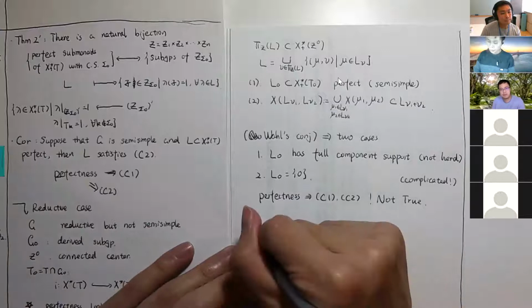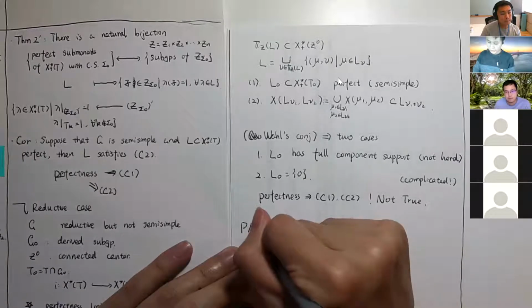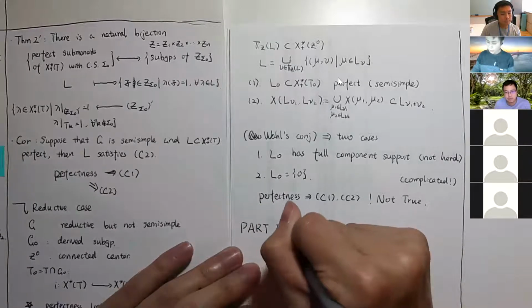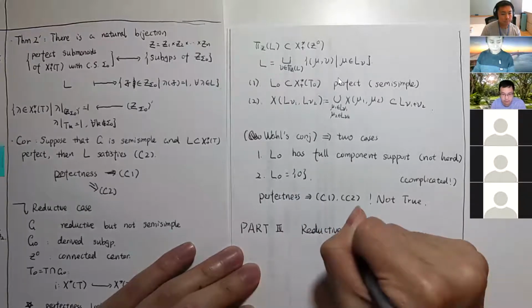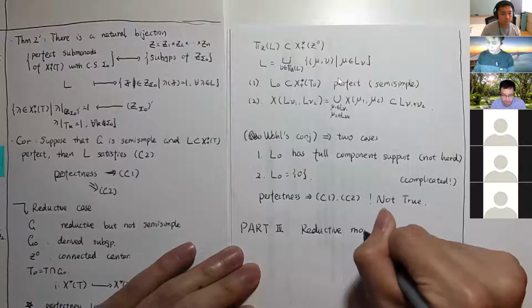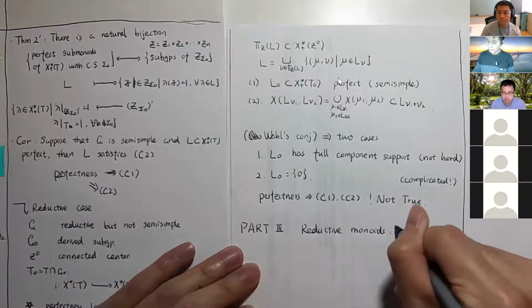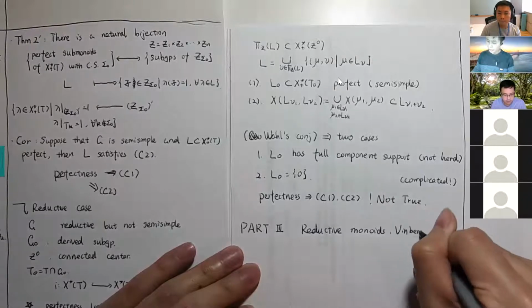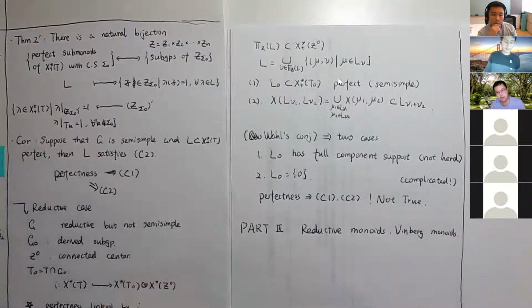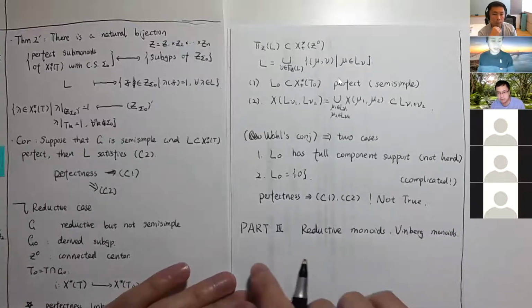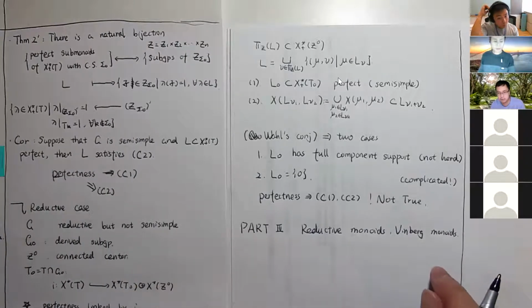And now we want to move on to the next part, the last part, about reductive monoids. And from there, we shall see the Wonderful monoid, and we can see why this is another motivation for our effort in characterizing these perfect submonoids.